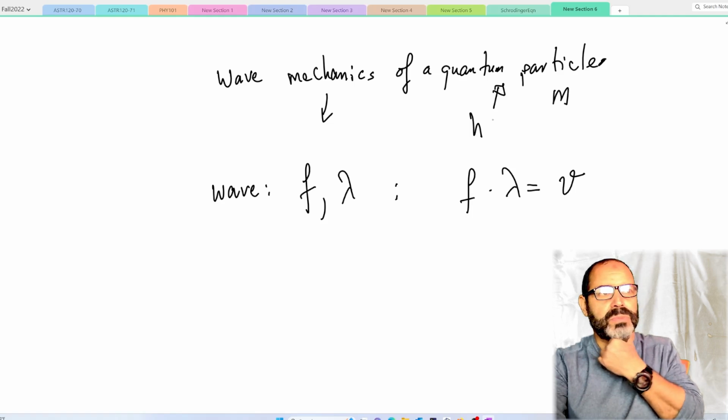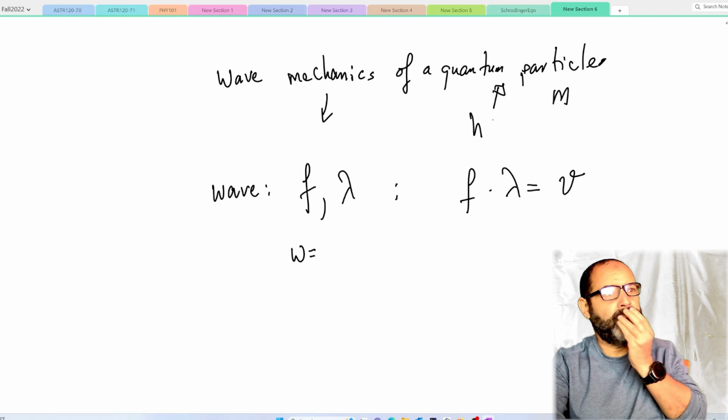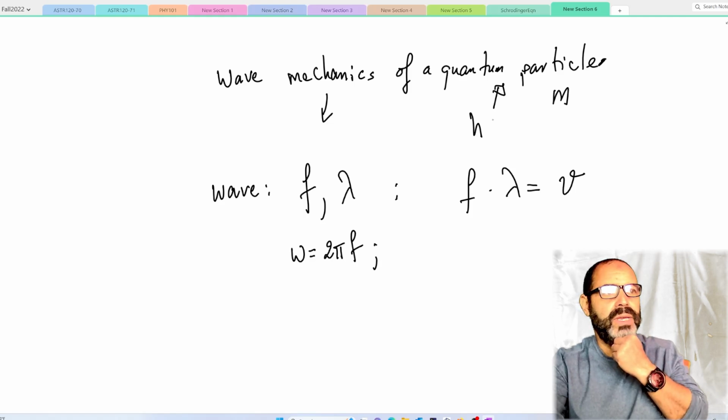Normally we express them in terms of frequency or wavelength, or alternatively I could express them in terms of other quantities: omega, which is just 2 pi times f, called the angular frequency. This is a convenient way, and you will see why. And the same for the wave number, which is 2 pi over lambda. So instead of using frequency and wavelength, we can use k and omega.